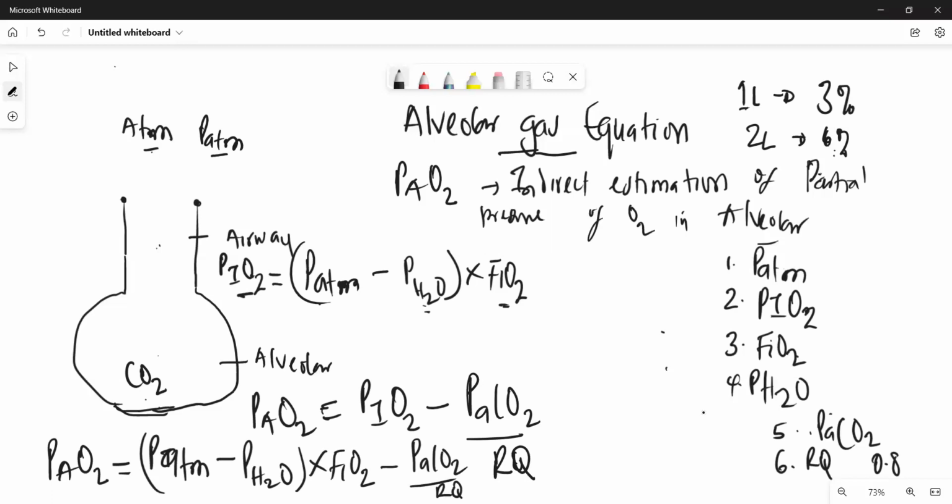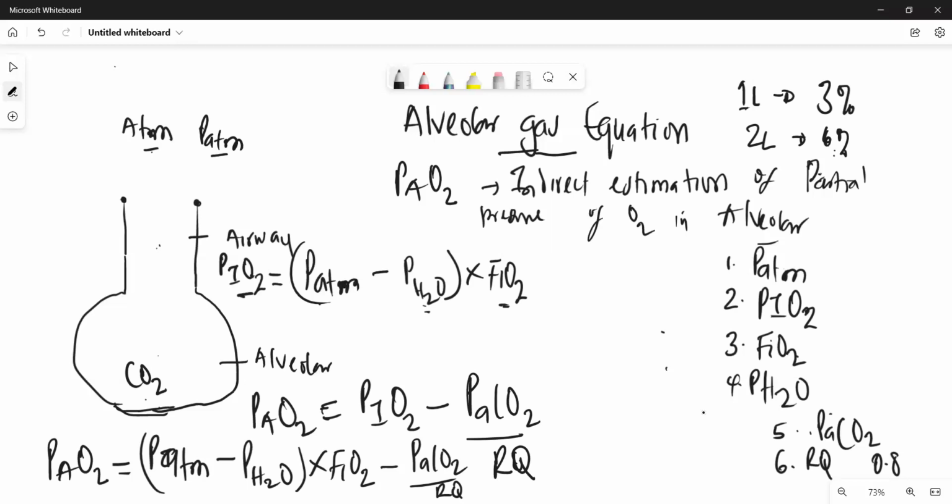And I so much love this equation because looking at it, I can come up with different differential diagnoses that could influence the amount of oxygen that gets to the alveolar.